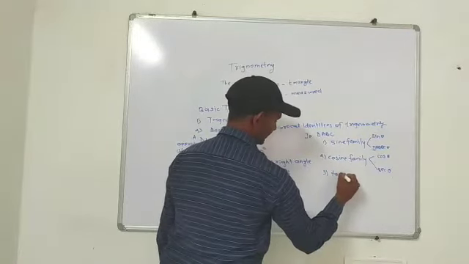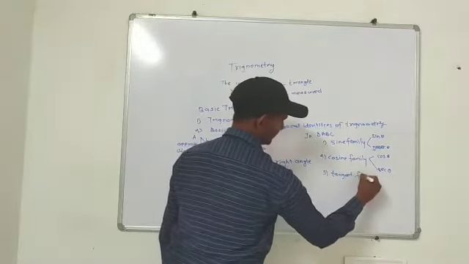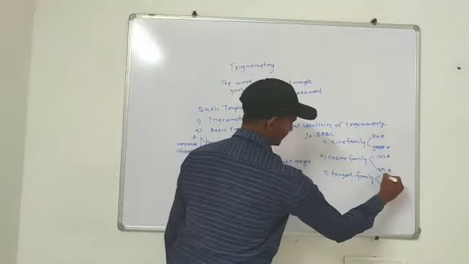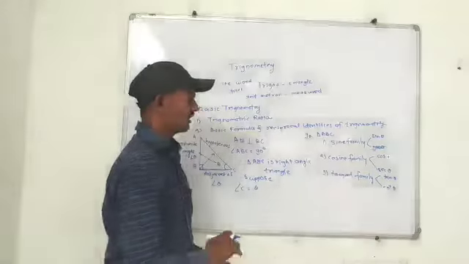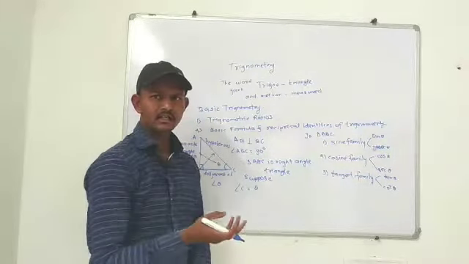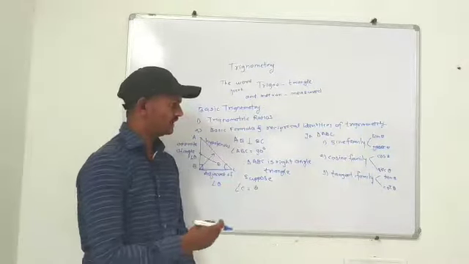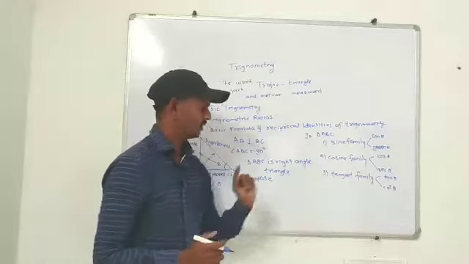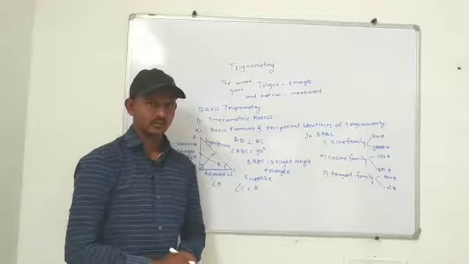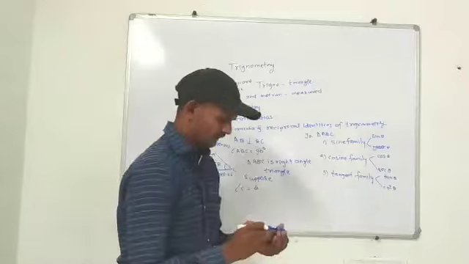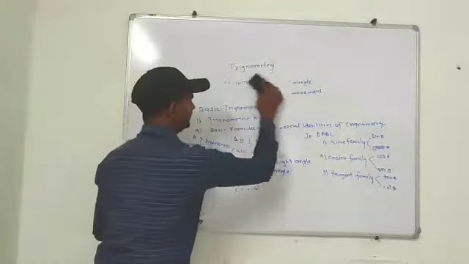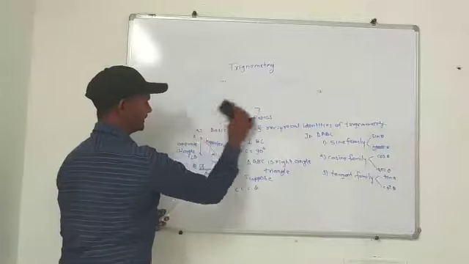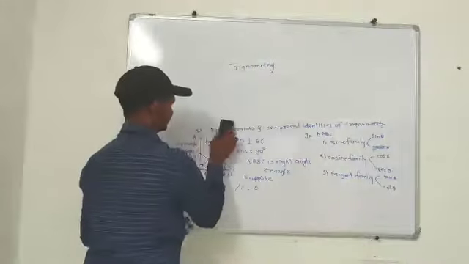In the tangent family there are also 2 ratios: tan theta and cot theta. So there are a total of 6 ratios of trigonometry: sin theta, cosec theta, cos theta, sec theta, tan theta, and cot theta. Today we will find the ratios of trigonometry with the help of this triangle.